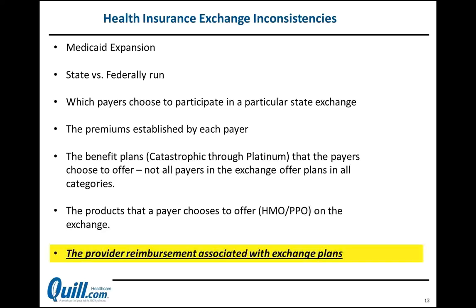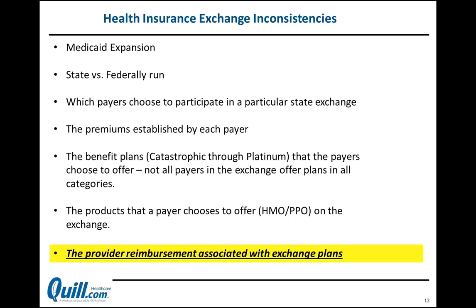However, there are a collection of inconsistencies as well. We've already seen that some states have chosen Medicaid expansion coverage, others have not. Some have chosen to run their own state-sponsored exchange, others are federally run.